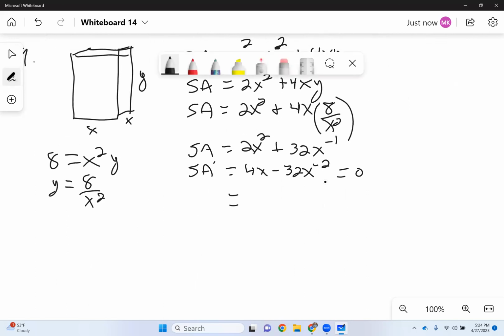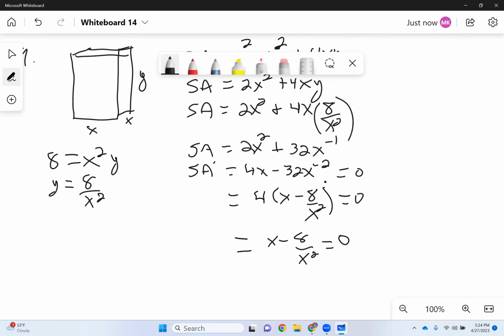I'm factoring out a 4, times x minus 8 over x squared equals 0. So we can divide both sides by 4, and the 4 cancels out. So we have x minus 8 over x squared equals 0.